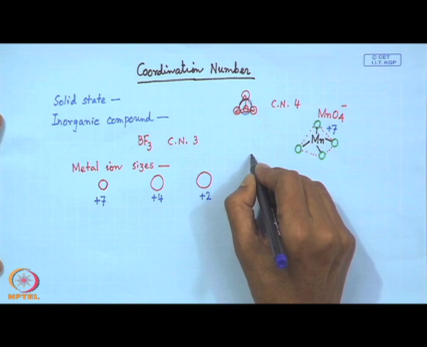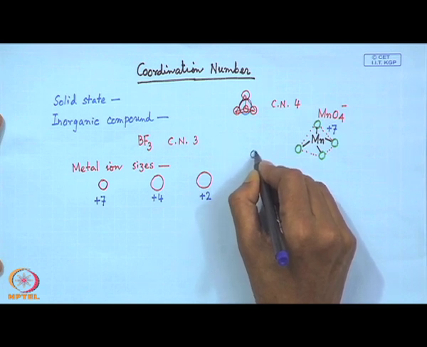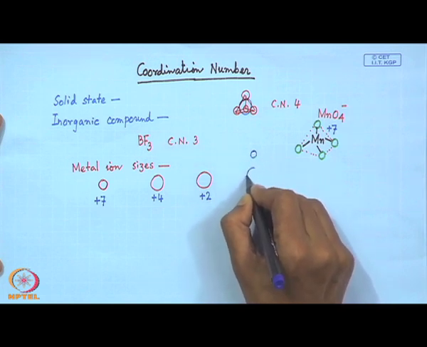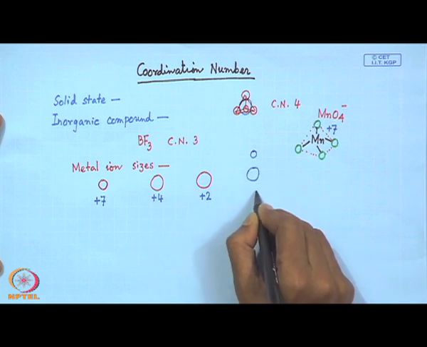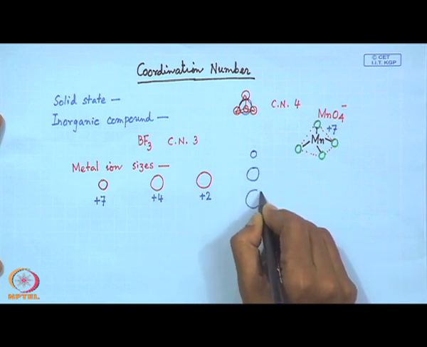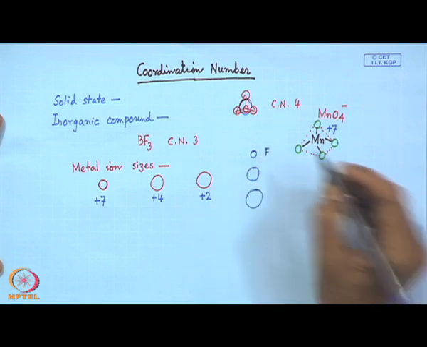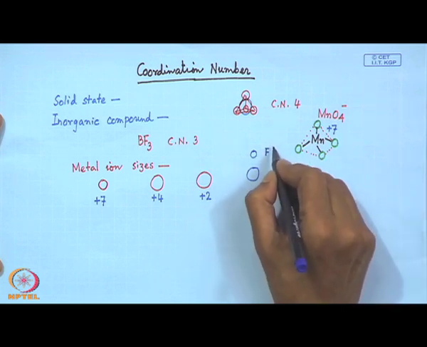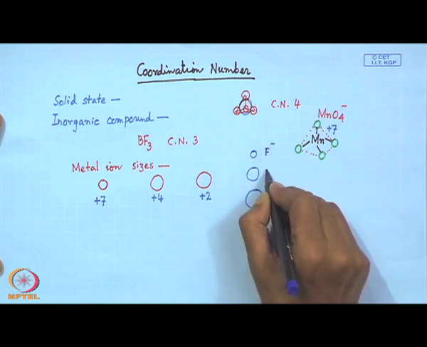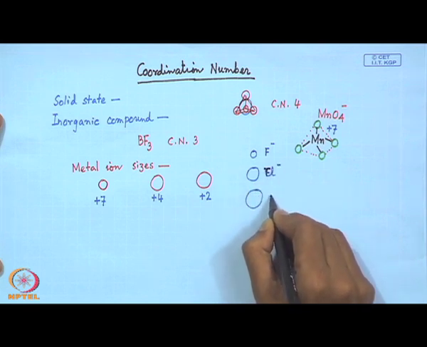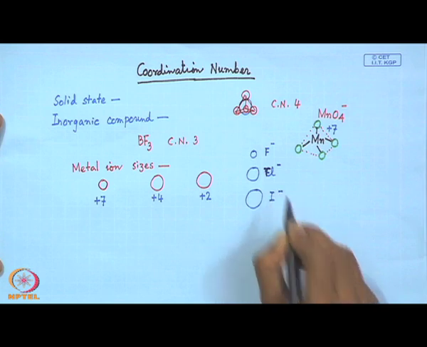And then the size of the corresponding ligands: the smaller, the medium size ligand and the bigger ligands, say the typical anions we can see as the corresponding salts, F minus, then Cl minus, and then I minus.